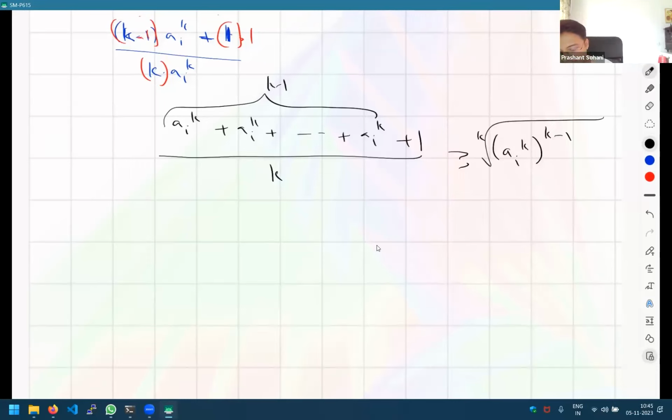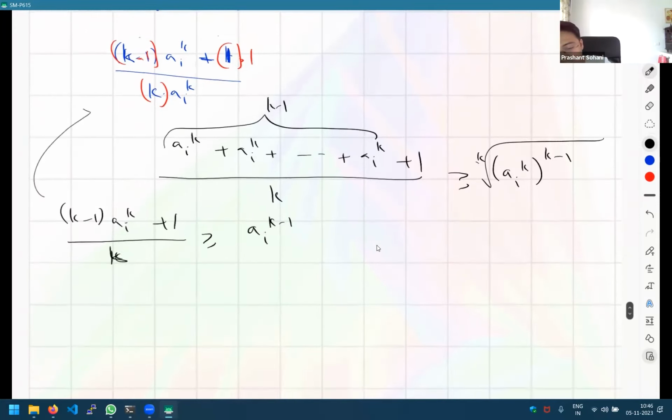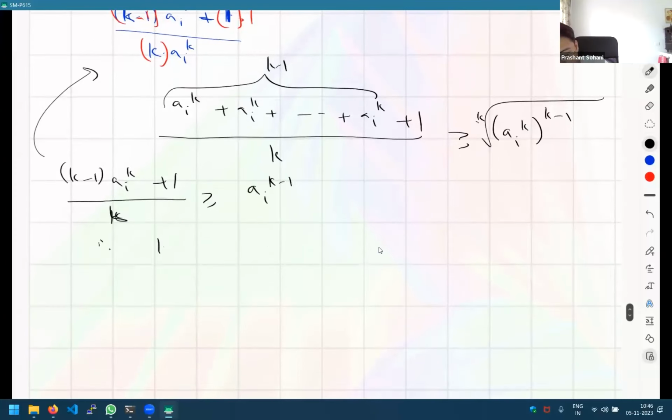If you simplify, the LHS becomes ai raised to k minus 1 times, and on the RHS the kth root cancels with the k inside, and you get ai raised to k minus 1. To convert this expression into the required one, you just need to divide by a raised to k. Therefore, k minus 1, a raised to k plus 1.